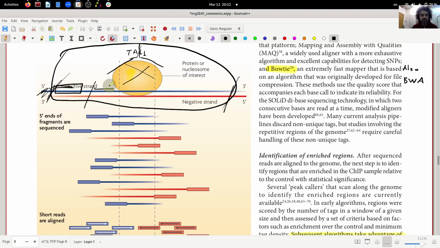In another cell the cut has been done here, so we sequence this part, and so on. Which means that regarding the 5' end, we will either sequence somewhere here. So regarding the plus strand, we will always sequence somewhere here, and regarding the minus strand, we will always sequence somewhere here.